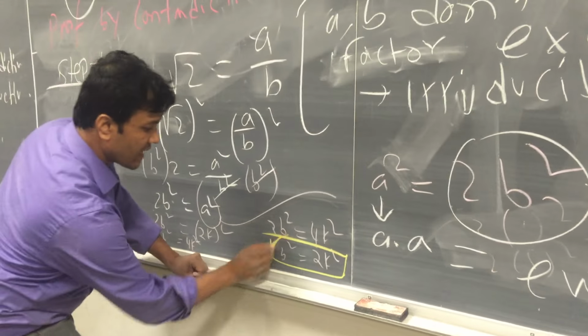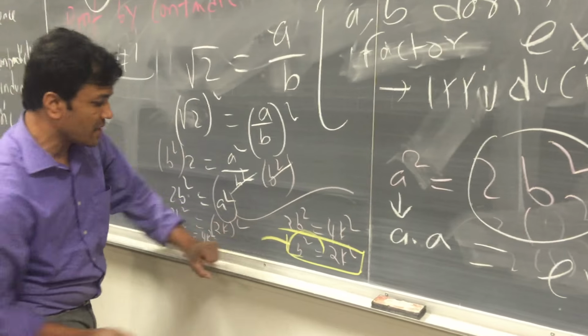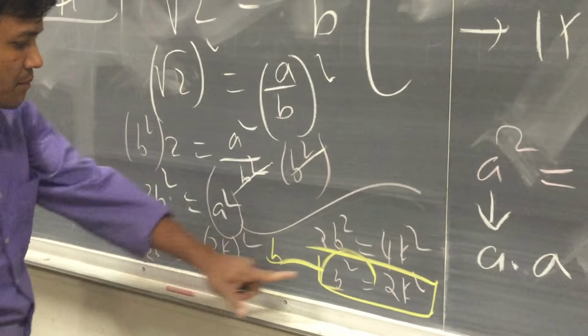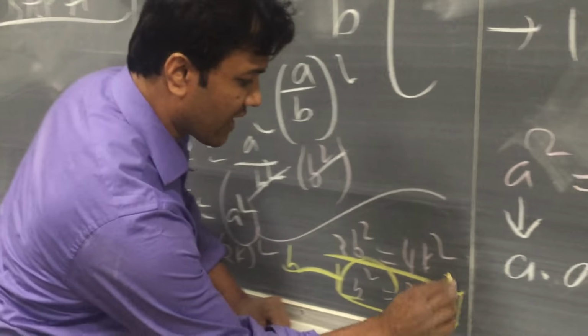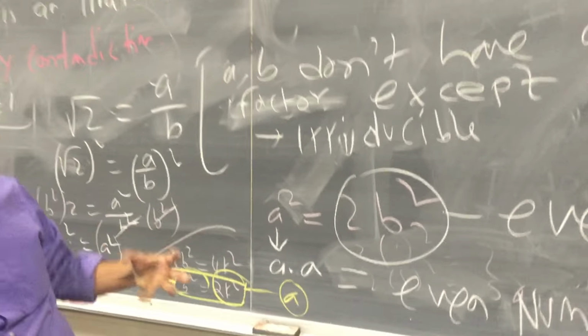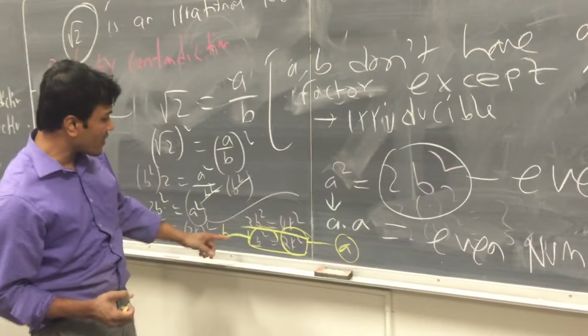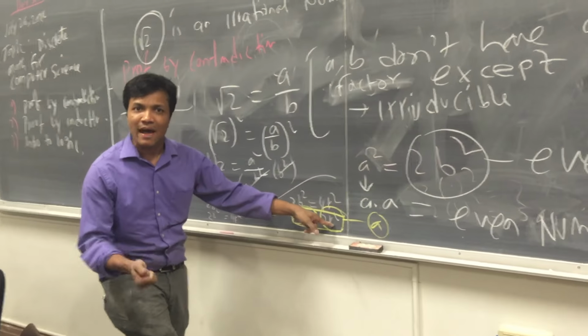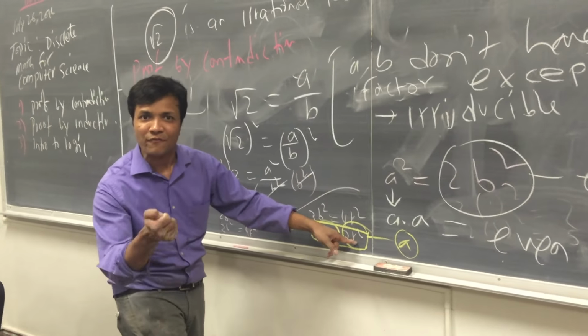We said b squared, now b squared is an even number, so b is an even number, and a is also an even number. In the beginning we said that a and b don't have any common factor. Now if both of them are even numbers, then they do have a common factor.